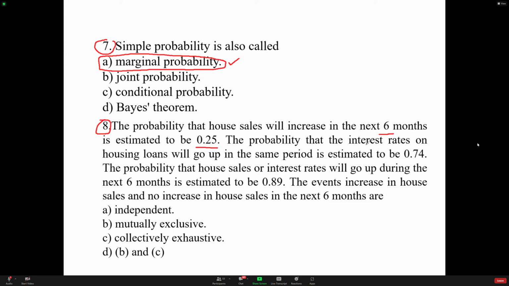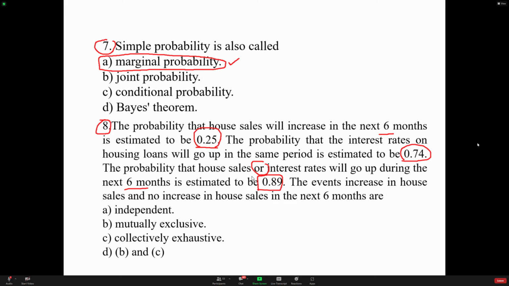The probability that the interest rates on housing loans will go up in the same period is estimated to be 0.74. The probability that house sales or interest rates will go up during the next 6 months is estimated to be 0.89.